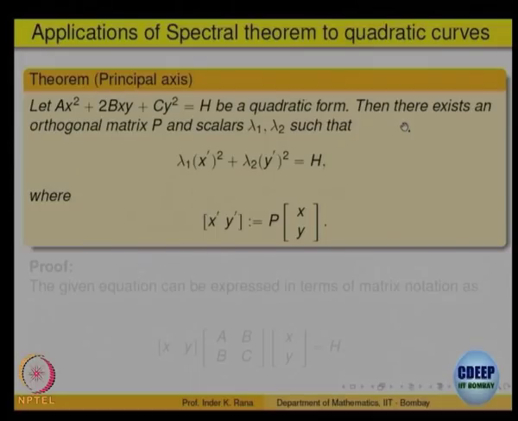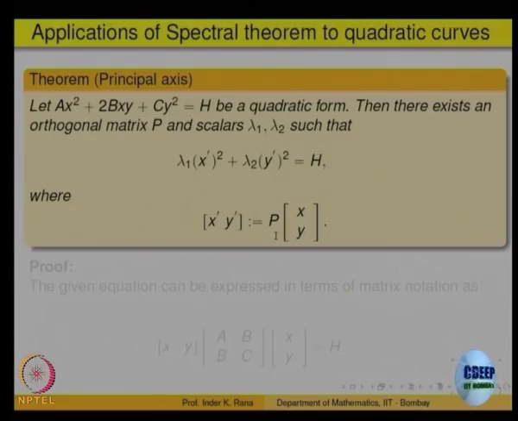The claim is that given the quadratic form, there exist an orthogonal matrix P and scalars lambda 1 and lambda 2 such that this equation in a new variable looks like lambda 1 x dash square plus lambda 2 y dash square equal to h, where x dash, y dash is related to the old variable x, y by that matrix P.